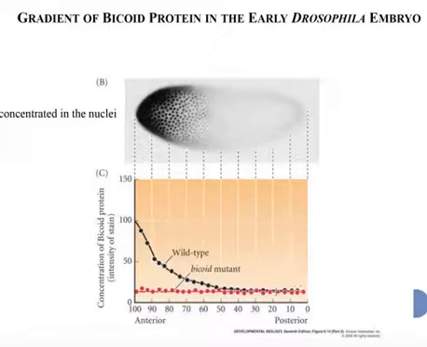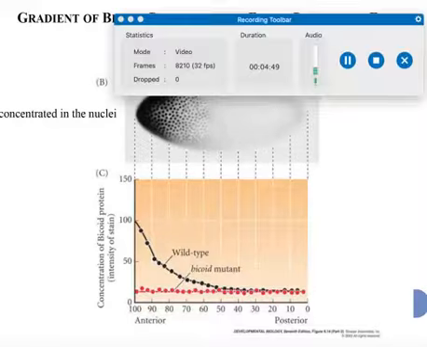We don't see any bicoid expression. You see this graph in black. But if we compare this graph with the expression of bicoid in a bicoid mutant embryo, we see that in the bicoid mutant we don't have any expression of bicoid all over the anterior posterior body axis.